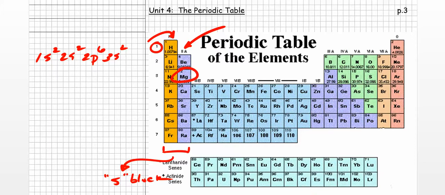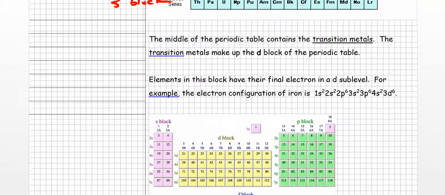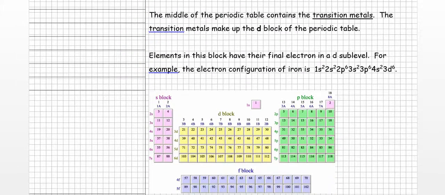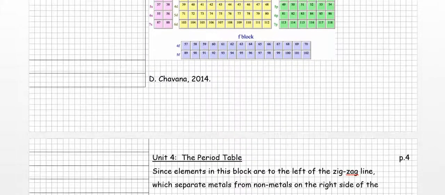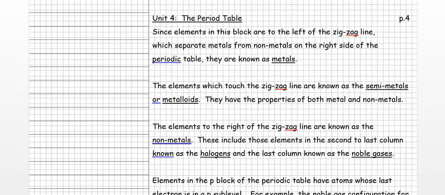All right, so that's just in the way of review, and now let's move on to the more recent material. So here we go. Since elements in this block, that's the D block, are to the left of the zigzag line, which separates metals from nonmetals, they are called metals.